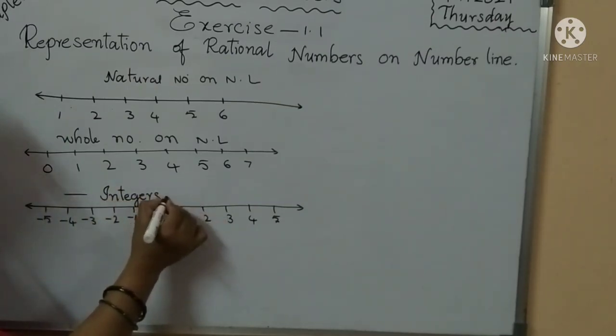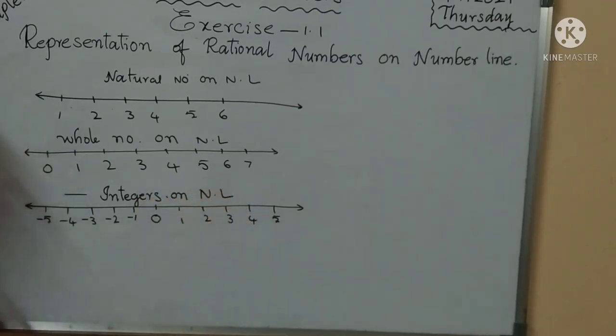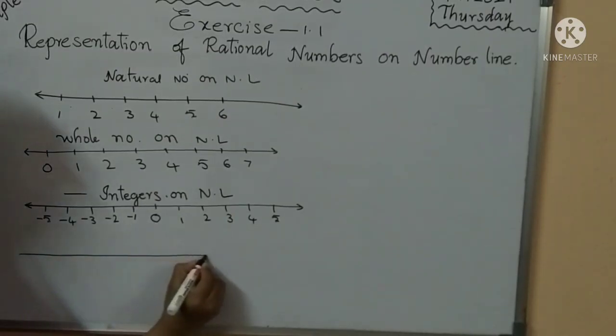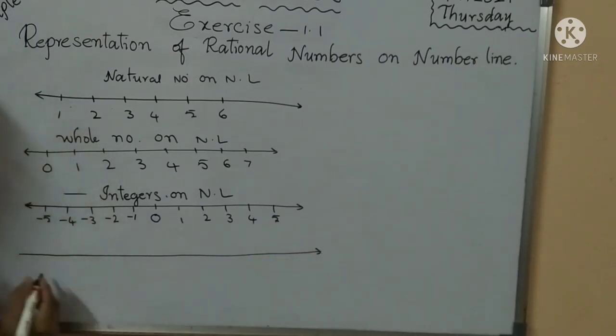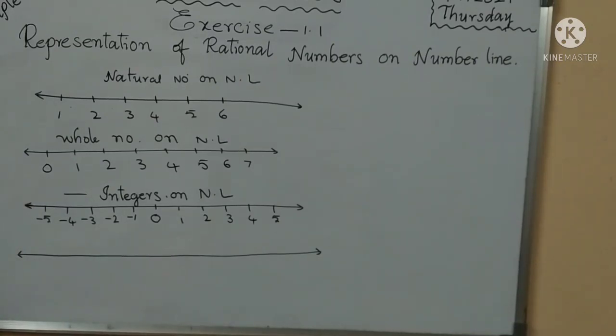Integers on number line. These all are included in rational numbers. So now take the rational numbers. Here we take positive values and negative values.